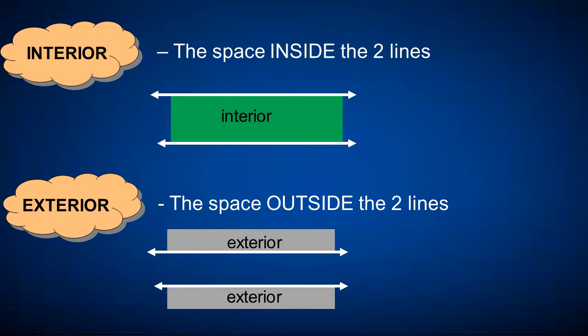Can be parallel lines or non-parallel. Basta siya ay inside ng lines. While the exterior, yun yung gray part, these are the spaces outside the two lines. So, sa taas, sa baba, or sa kanan, sa kaliwa, depende sa figure na given. Basta siya yung nasa outside and interior, inside.